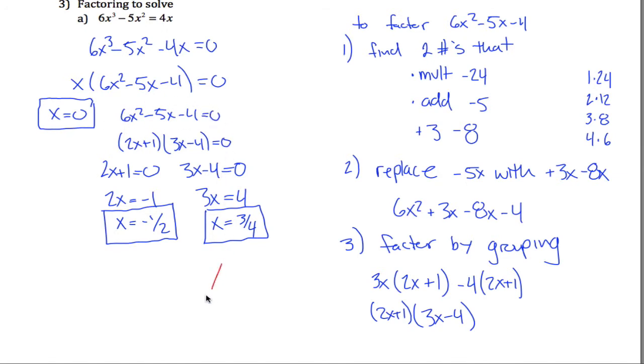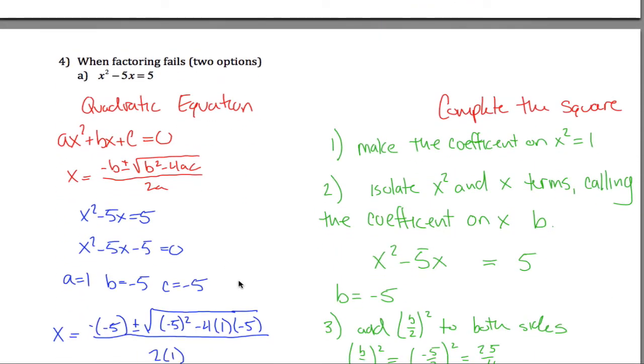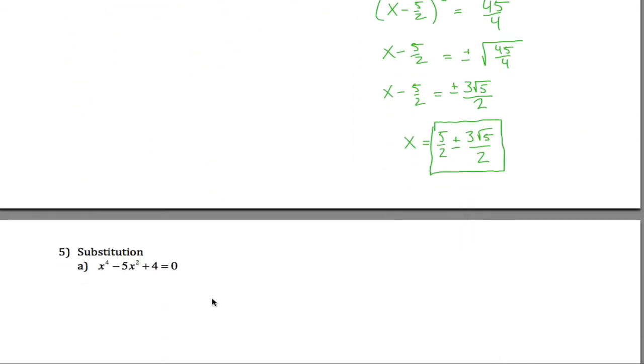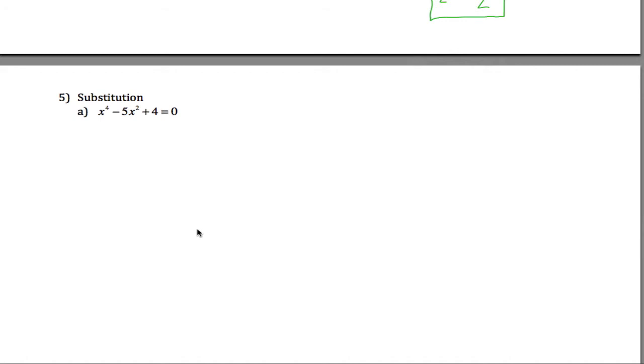You'll be given a problem that's close to a quadratic trinomial, which we can solve by factoring. The problem is it's not a quadratic trinomial. In this case, it's x to the 4th minus 5x squared plus 4 equals 0. What we want to do is come up with this substitution kind of cleverly, pick some other letter, y maybe, and let that be equal to something.